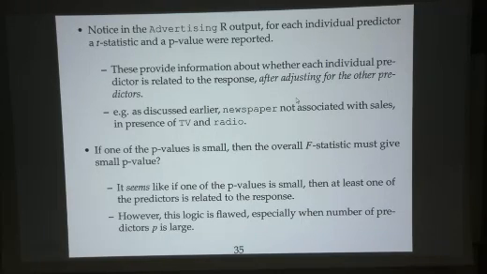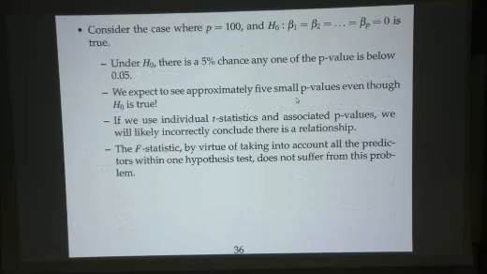Suppose one of the predictors has a small p-value, it would mean that it has some effect on the response. You can argue that this predictor is significant, that means at least one coefficient is non-zero, so F should also have a small p-value. But this is flawed for large p.